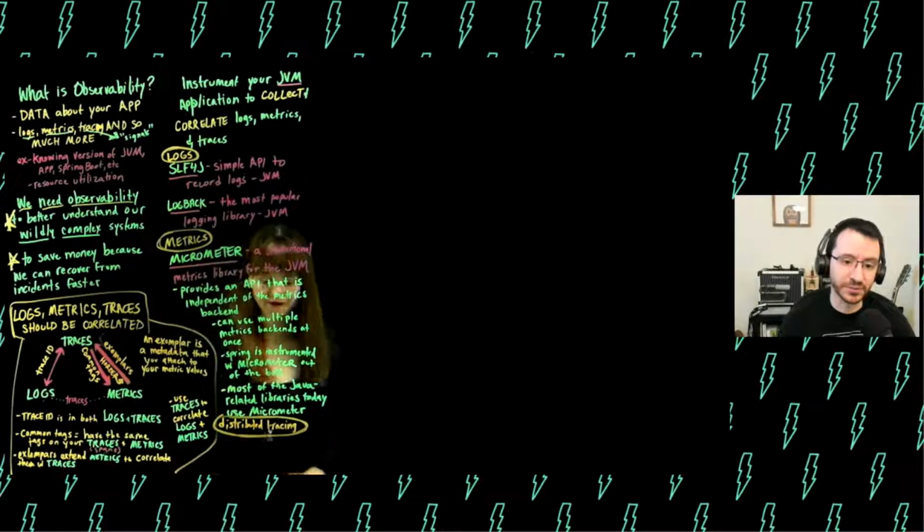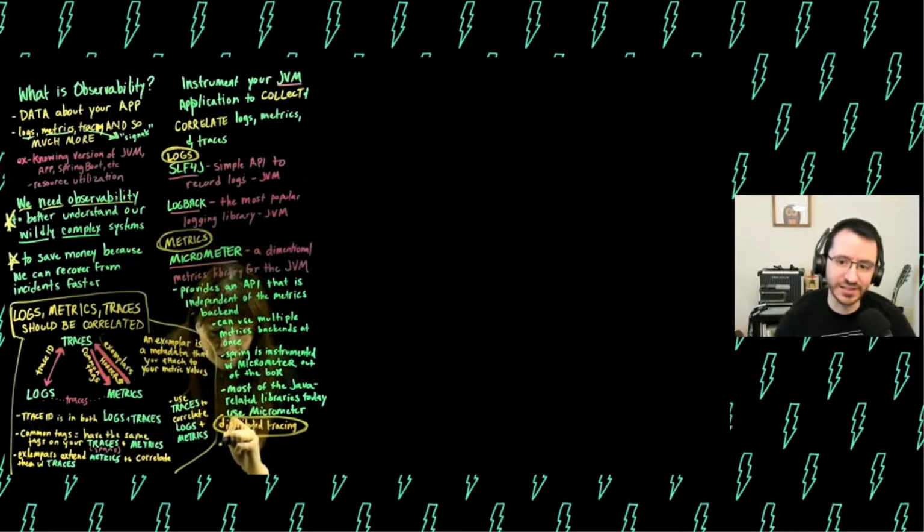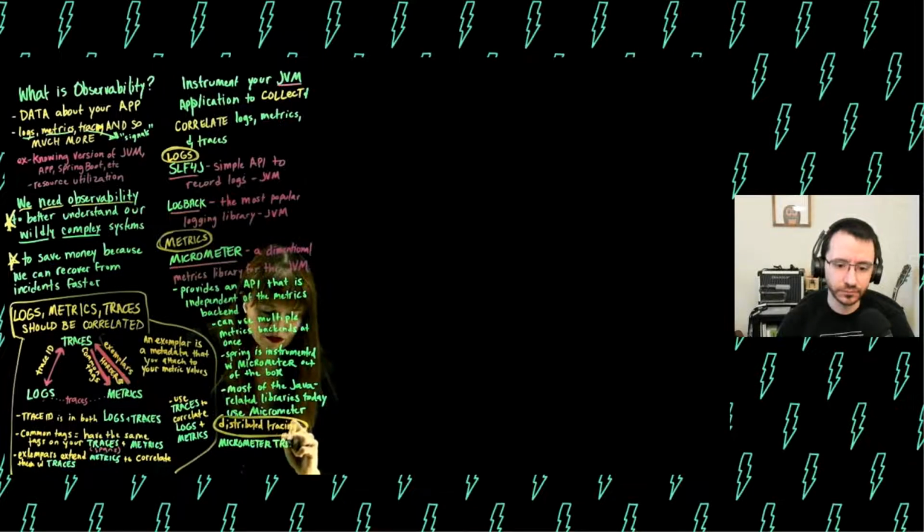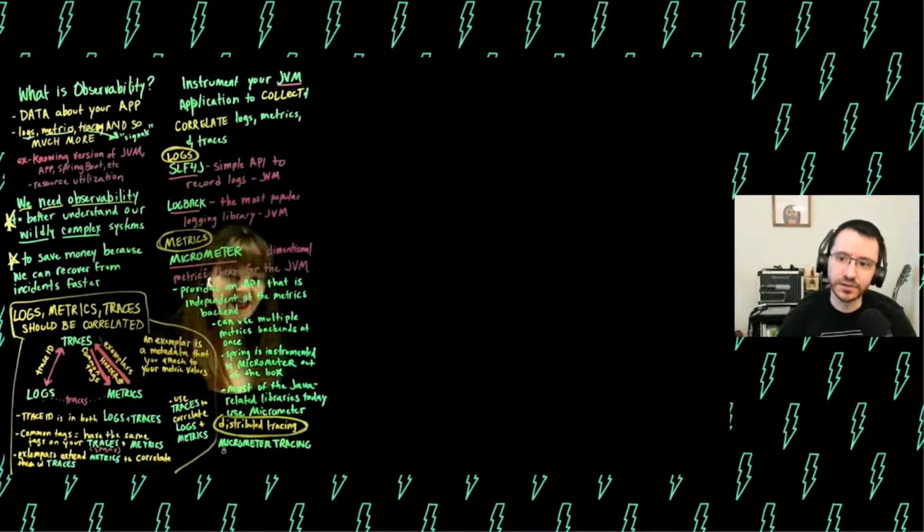One of them is Brave, the other one is OpenTelemetry. So you can recap this whole thing in just 3 words. So Micrometer Tracing, right? Yes. And that's the name of the project, yes. Okay. And 3 words.